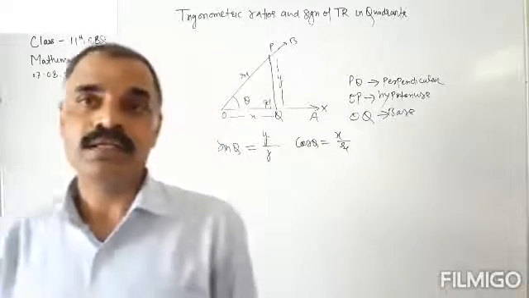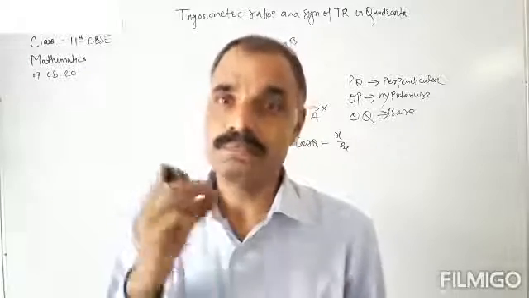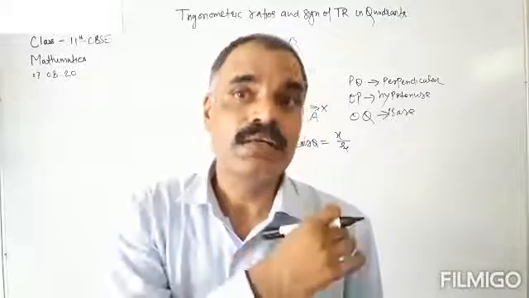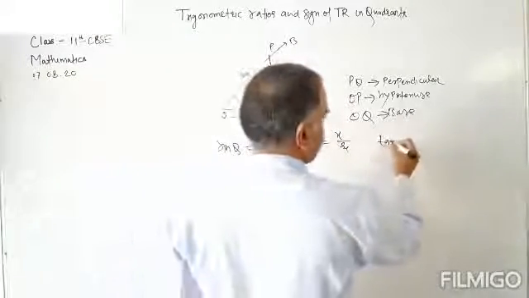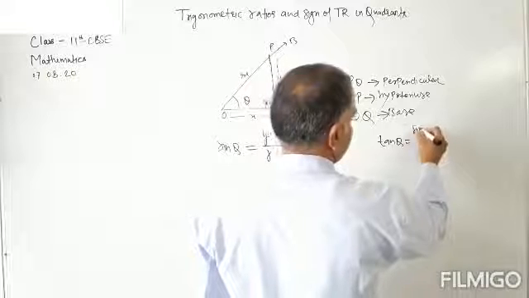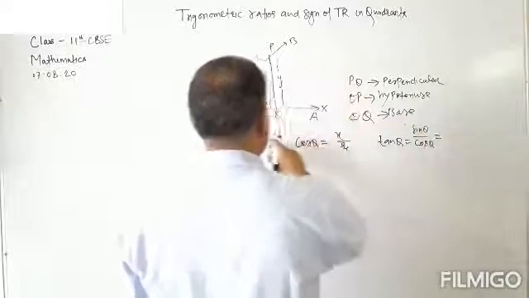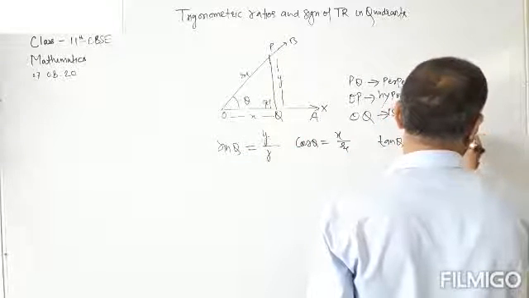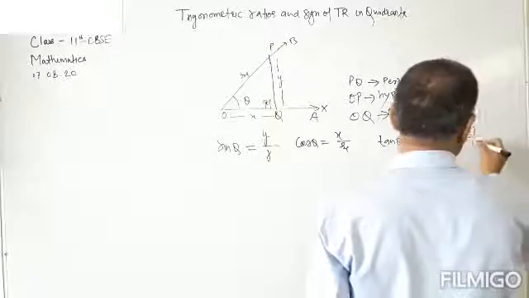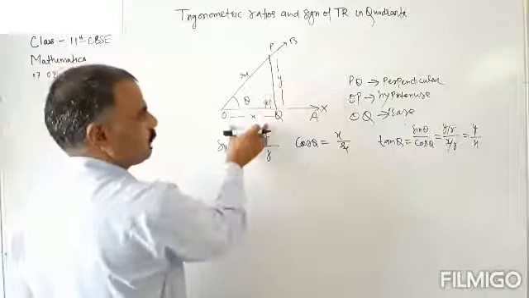Now the other trigonometric ratios are the ratios of these functions. Tan theta equals sin theta upon cos theta, that is Y upon R upon X upon R. R will cancel R, so Y upon X. So tan theta equals Y upon X, perpendicular upon base.